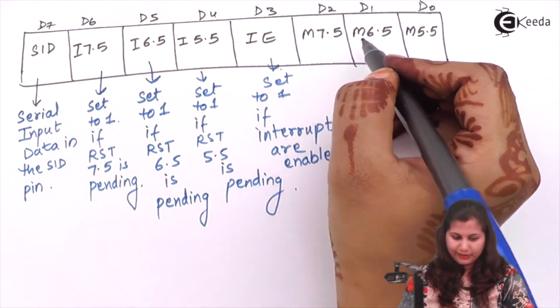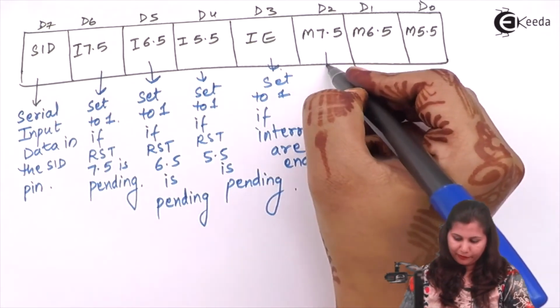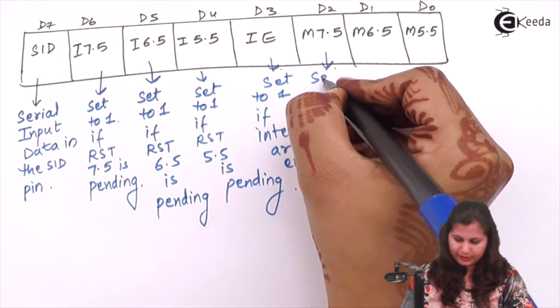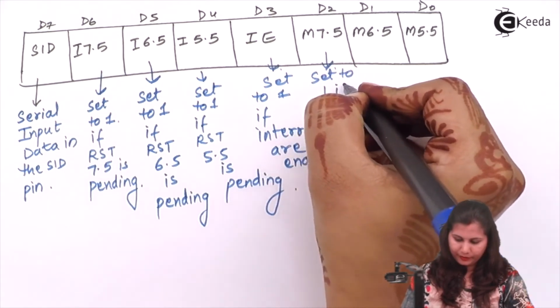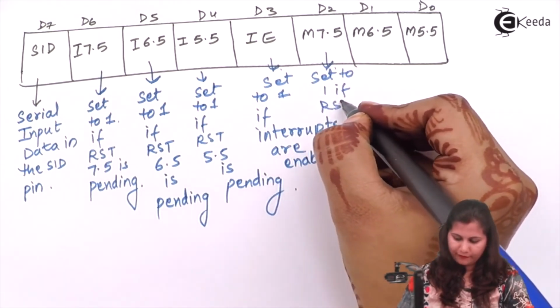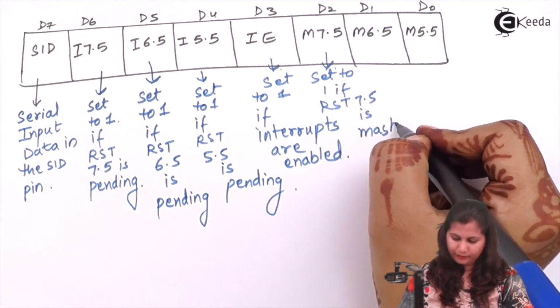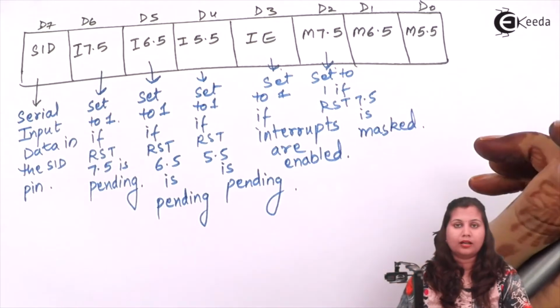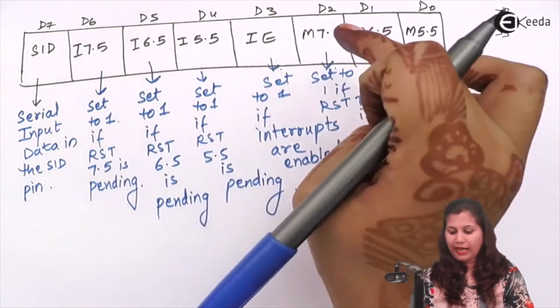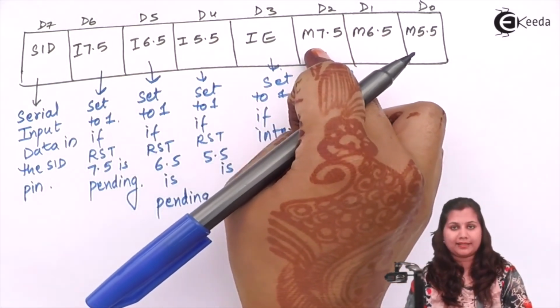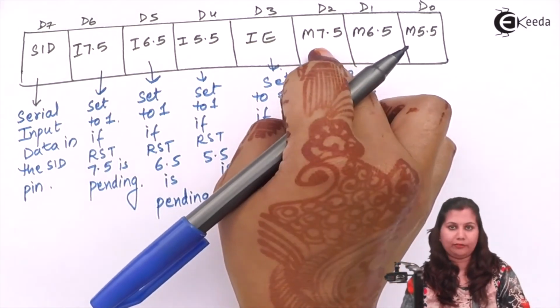Then we have M7.5, M6.5, M5.5. This bit is set to 1 if RST 7.5 is masked. In the SIM instruction, we had the D2 bit for masking RST 7.5.